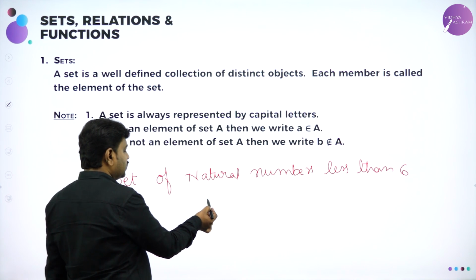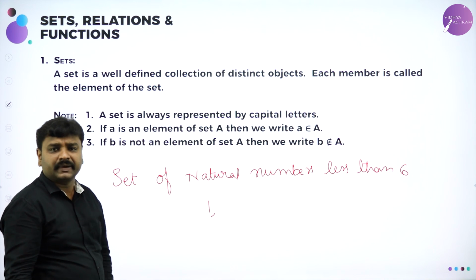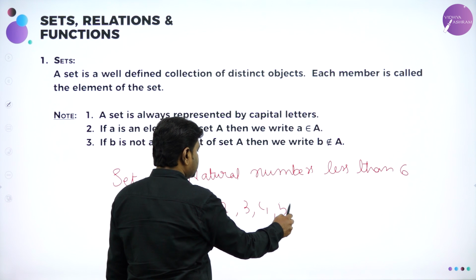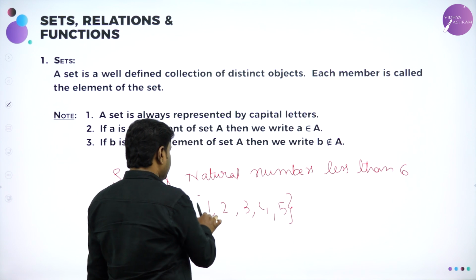What are the numbers? Natural numbers means numbers starting with 1, 2, 3, 4, 5. Less than 6 means I should stop at 5.